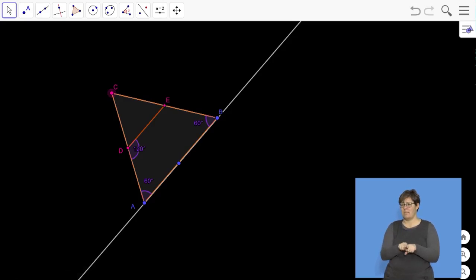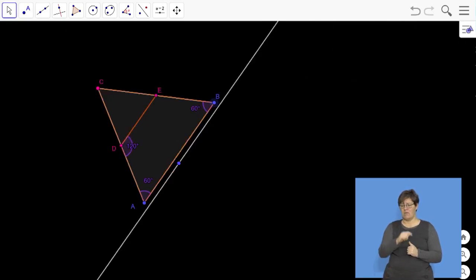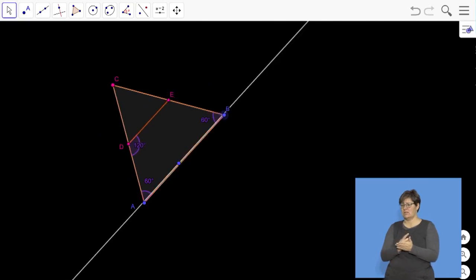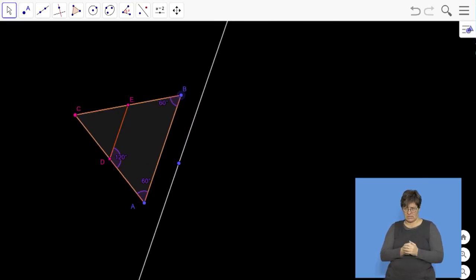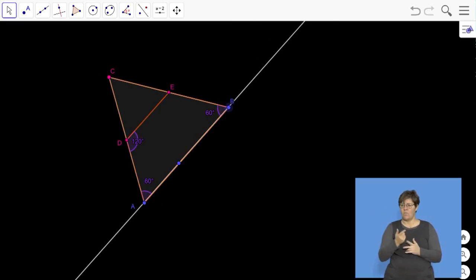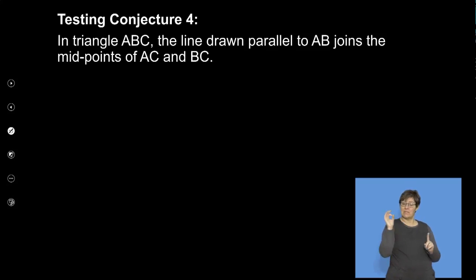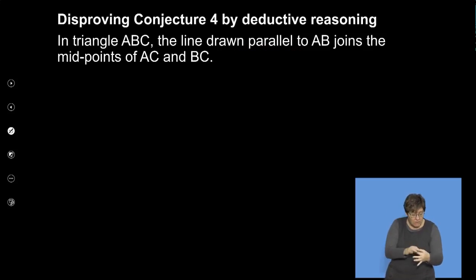That white line, don't worry much about it. I'm going to address it just now to show you what that one is about. So you can see that with this conjecture, it's not always the case that any line drawn parallel to AB joins the midpoints of AC and BC.